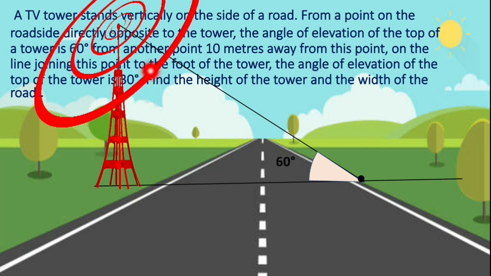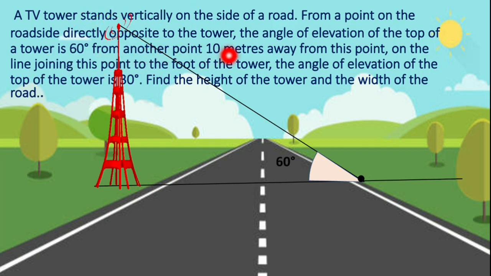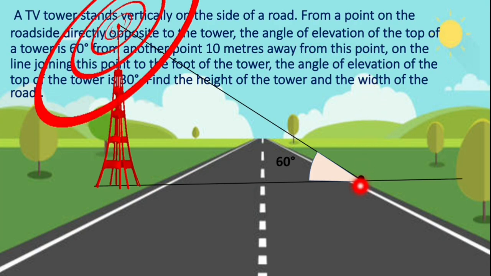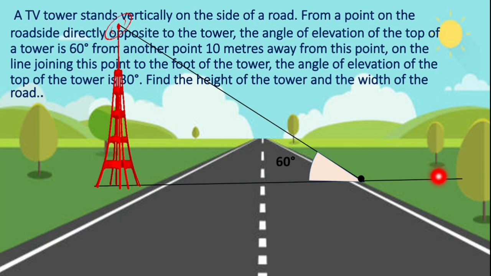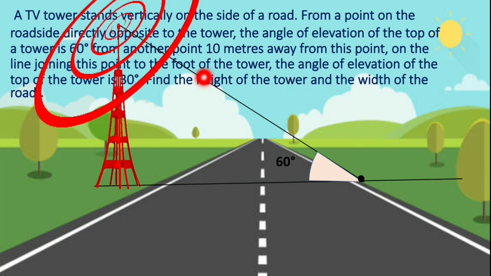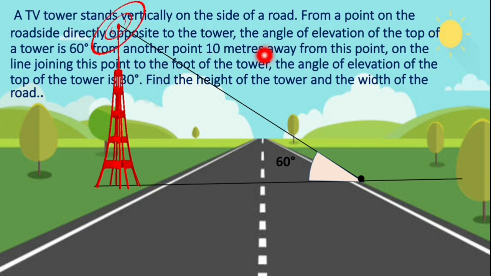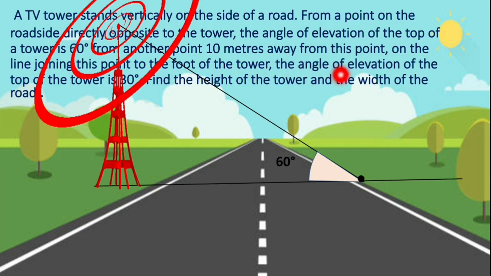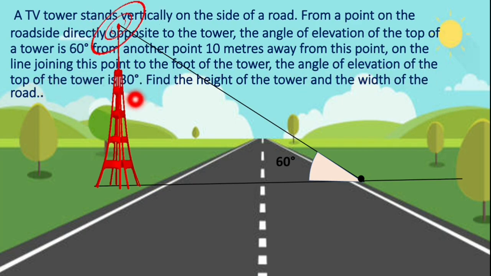And from another point 10 meters away from this point, that means from this point after 10 meters distance we have to consider another point, on the line joining this point to the foot of the tower, the angle of elevation of the top of the tower is 30 degrees. So from this point we have to move 10 meters away.